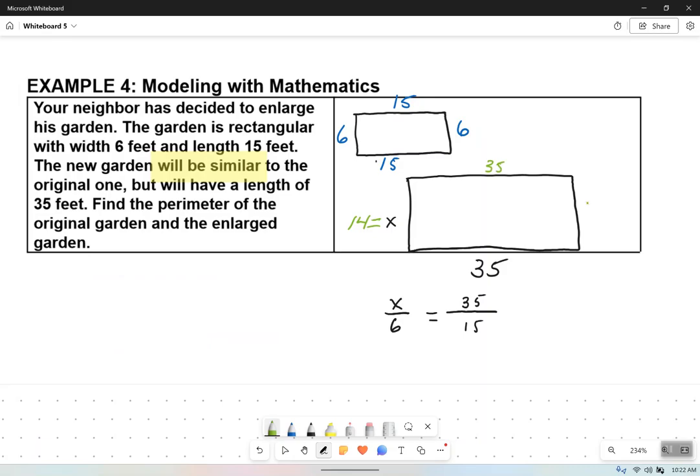Top up here would be 35. Right side would be what? So wouldn't my perimeter have to be 14 plus 35 plus 35 for the big one? Agreed there? And that would be equal to 98.